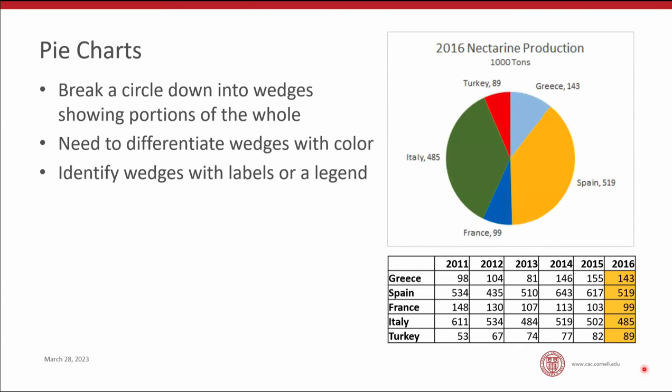You've got the option here of putting a legend into the chart and saying somewhere in that legend, Spain is the yellow country, or you could just label the wedges, either on the wedge or adjacent to it. You do actually need to have different colors of each wedge so people can tell where one starts and the next one begins.